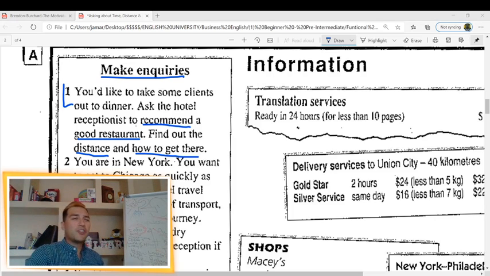Excellent. Which restaurant is? Now we need the subject. The best. Perfect. El mejor. Which restaurant is the best?